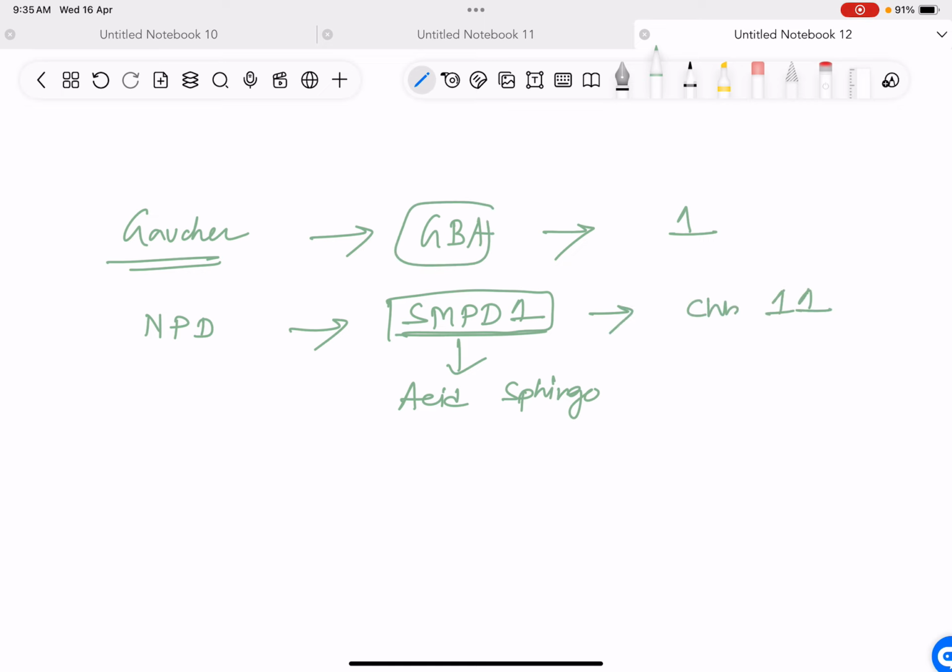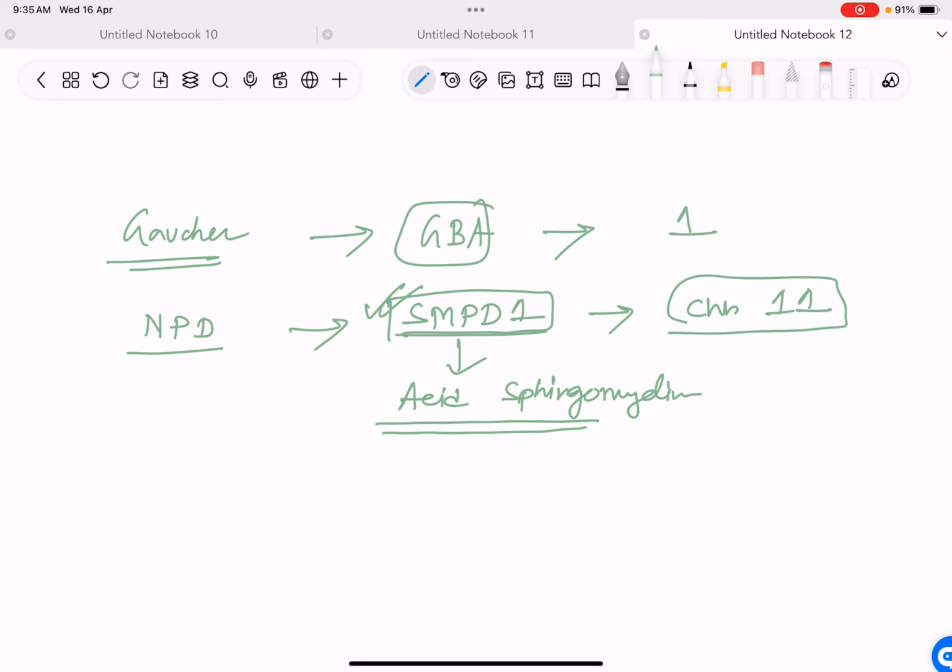Gaucher, GBA gene; Niemann-Pick disease type A and B, SMPD1 gene. The SMPD1 gene is responsible for production of acid sphingomyelinase, and this is in chromosome number 11.